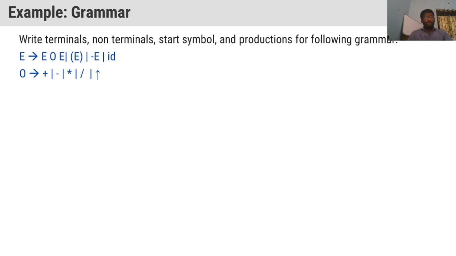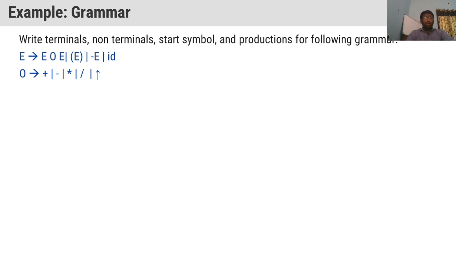Left parenthesis, right parenthesis is a terminal, right? Minus is a terminal, plus is a terminal, star is a terminal, slash is a terminal, upward arrow mark is a terminal. See, all these are the terminals here. Only the non-terminals are E and O. The remaining all are terminals.